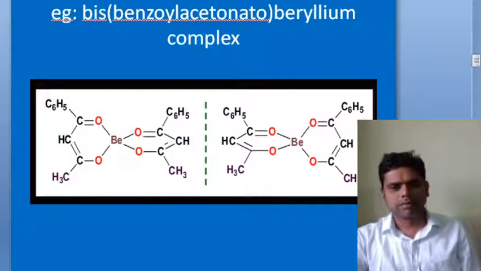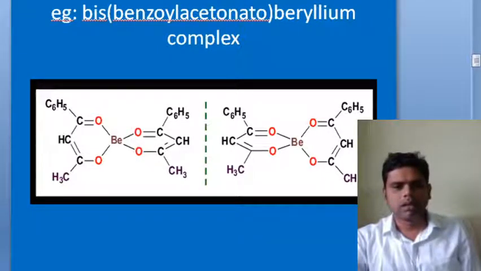Another example is with beryllium, the bis benzoyl acetonato beryllium complex. Benzoyl is C6H5CO, acetonato is CH3CO CH, that is bonded to benzoyl.